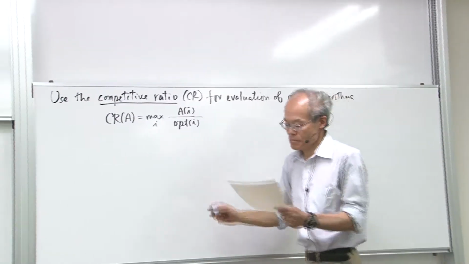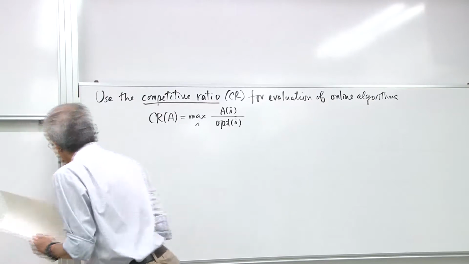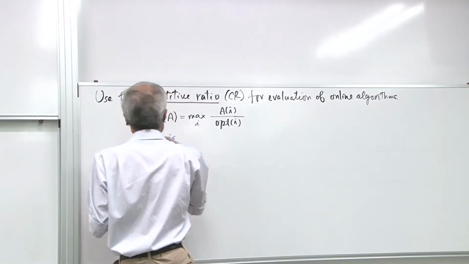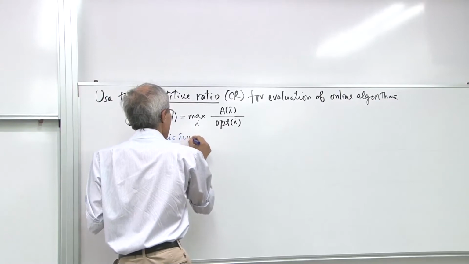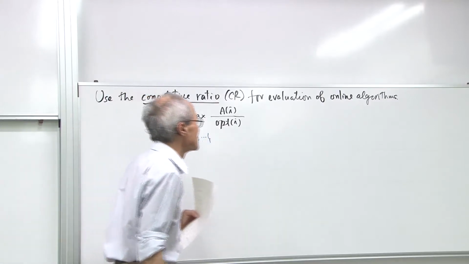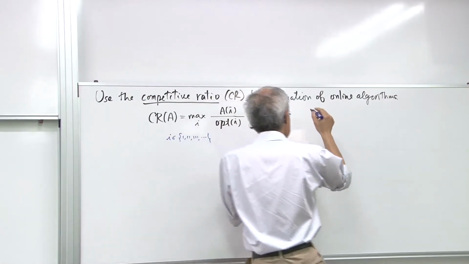I is the input, so in this case, 1, 1, 1. A of I is equal to the cost.